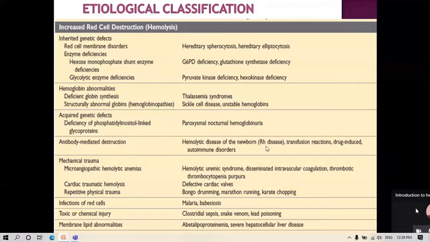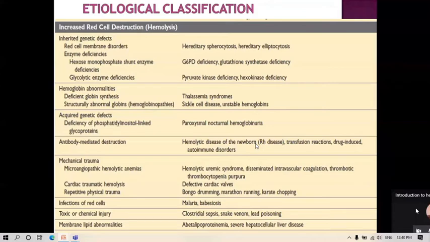But when she conceives again, and if the fetus is again RH positive, those antibodies which were synthesized during the first pregnancy will go and kill the RH positive cells of the fetus, and because of the severe hemolysis, there will be heart failure, and ultimately hydrops fetalis.